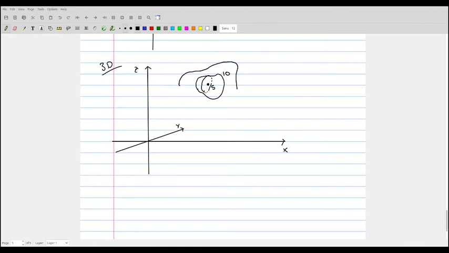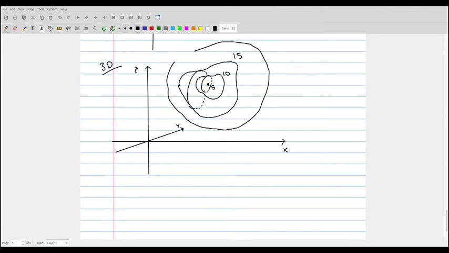We have another level surface around this point, which corresponds to a level of 15. And then another level surface around this point, which corresponds to a function value of 20.